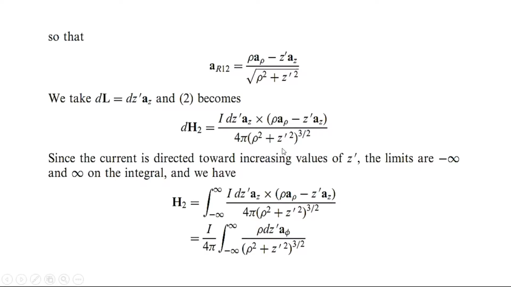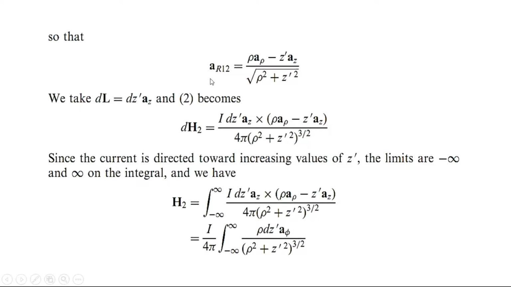So the denominator will become R cubed, which is rho squared plus z' squared to the power 3 by 2.